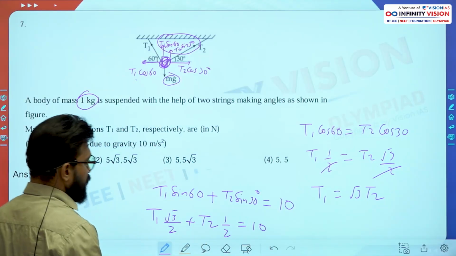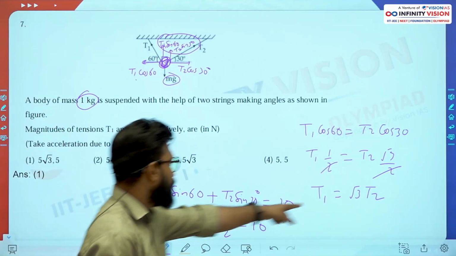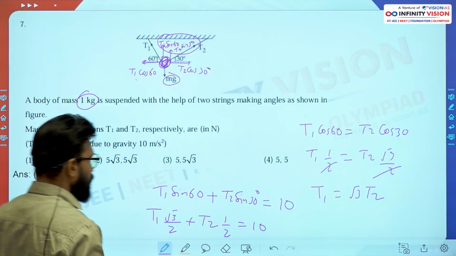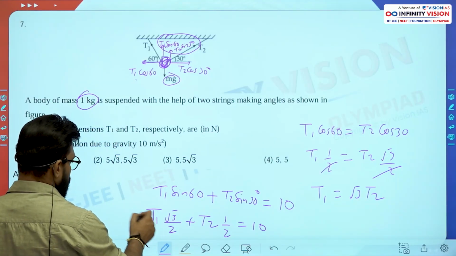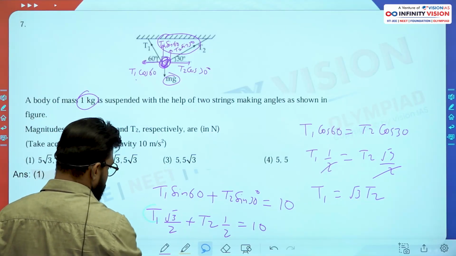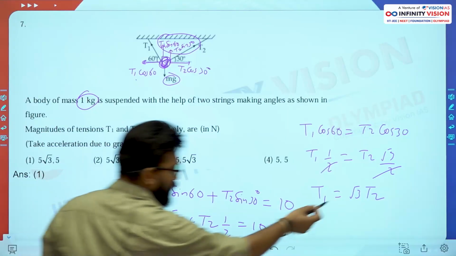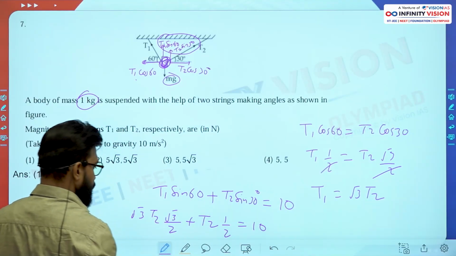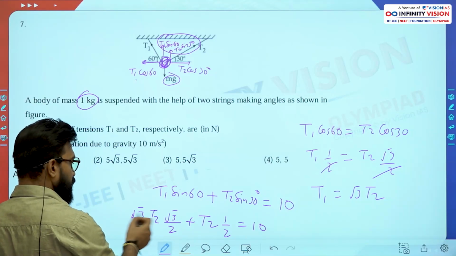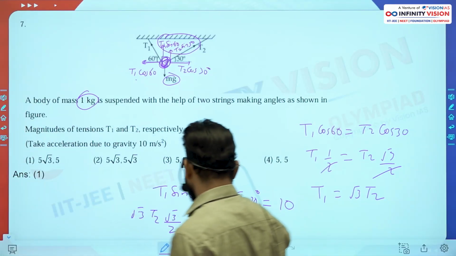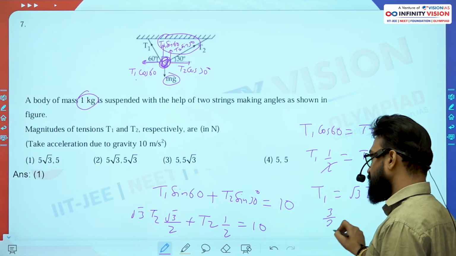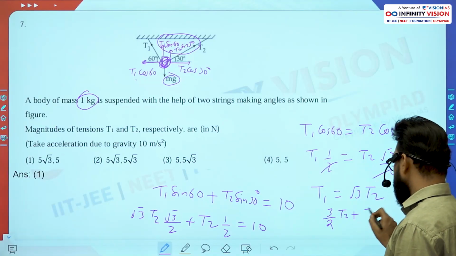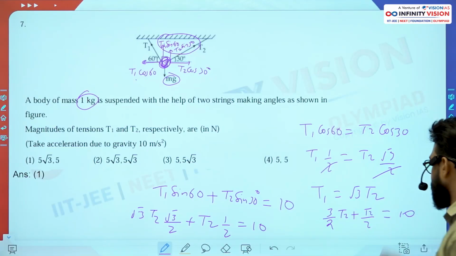We can put the value of T1 from this equation, root 3 times T2. So T1 can be replaced as root 3 T2. Root 3 will multiply, so it will be 3 by 2 T2 plus T2 by 2 is equal to 10.